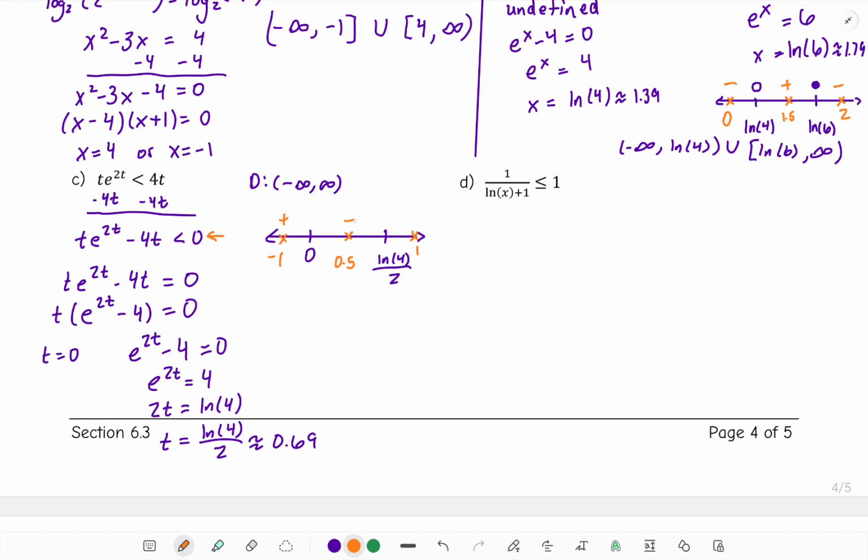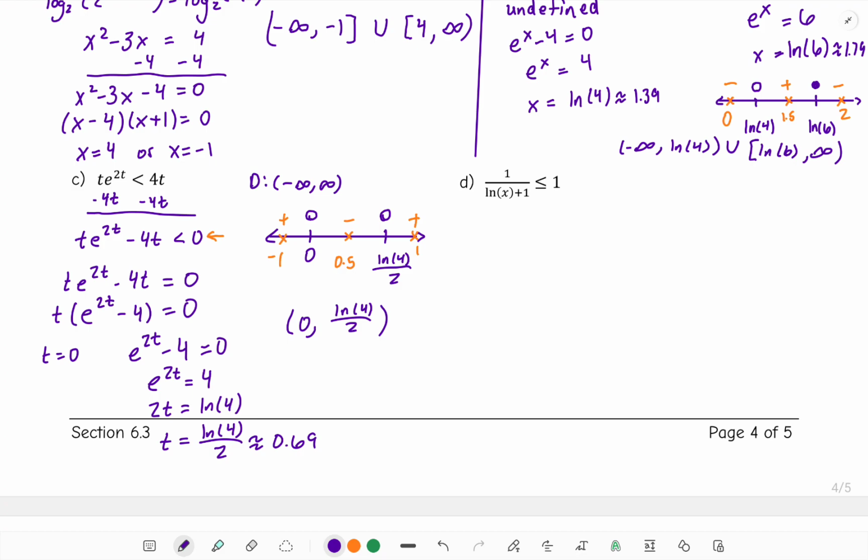We get positive, negative, positive. Now our inequality is worried about when it's less than 0. Oh, I forgot to put my closed or open circles. Because there's no equal sign, it'll be an open circle on both the zeros. So then our answer is 0, ln of 4 over 2.